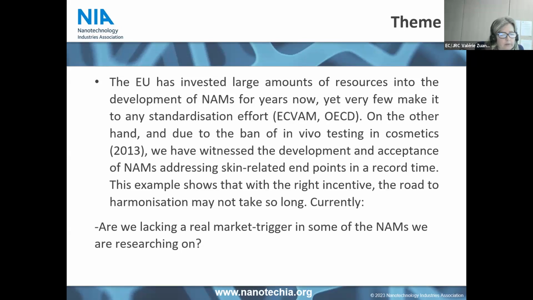I think it could be feasible, but it's true that a lot was funded by industry when the animal testing ban and marketing ban came into place. They funded a lot of research and development and even validation.